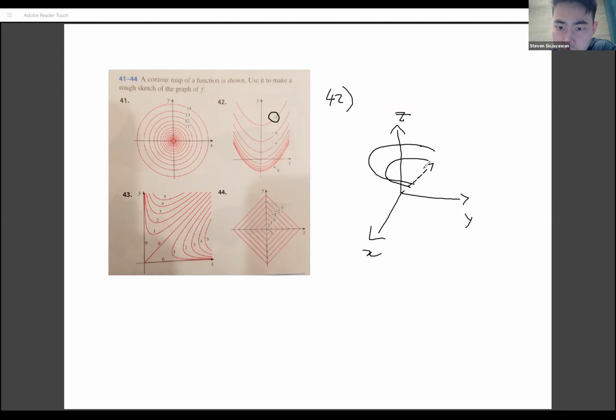So it goes towards the origin and it goes below, it goes to a negative value of z. So we're trying to make these curves as close as I can. Yeah, excuse my drawings.